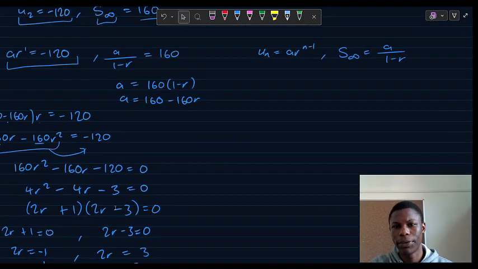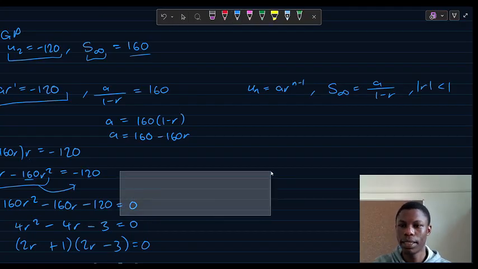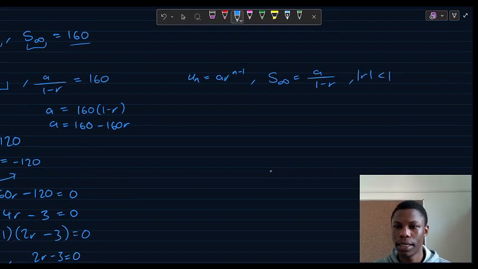If you go to the MF19, you see that next to the formula for sum to infinity, there will be something like this, right? The modulus of r is less than 1. That just means that r should be between negative 1 and 1.